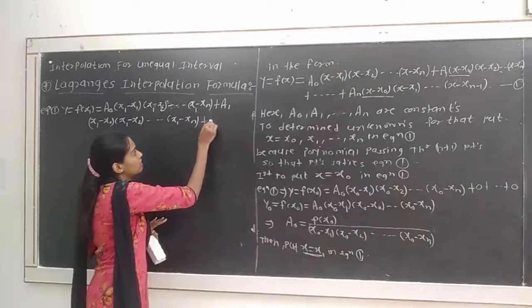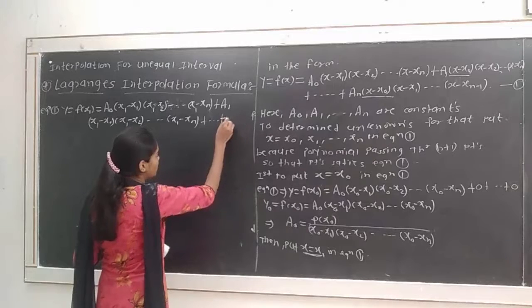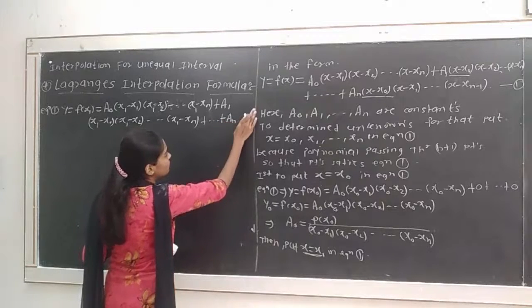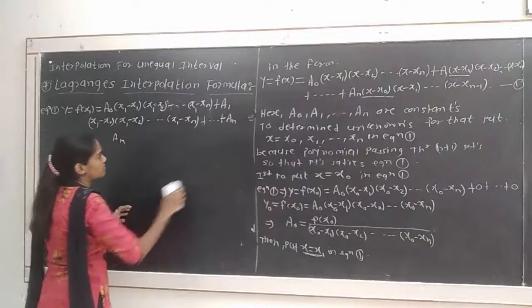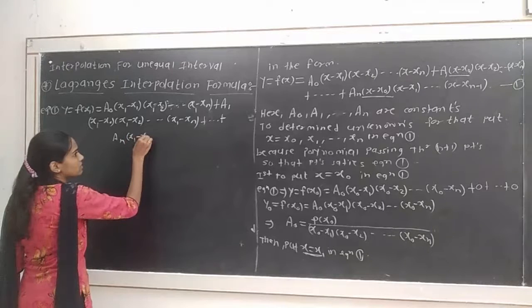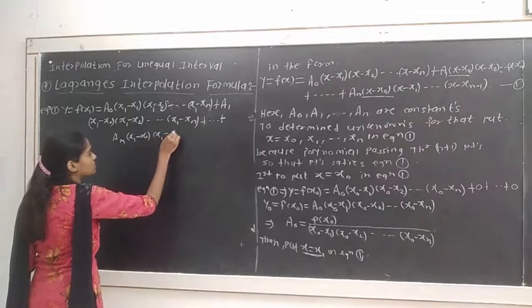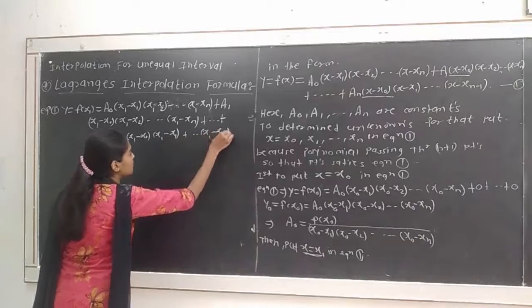Then plus up to the last term, an. We write here an last term, an times x1 minus x0, x1 minus x1, up to x1 minus xn.